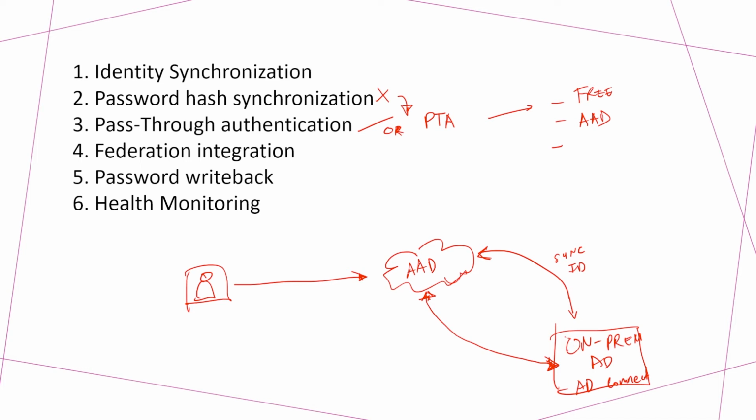So once you enable pass-through authentication in AD Connect, it will install an agent here as the listener for the authentication requests that your Azure AD will send to your on-prem AD.